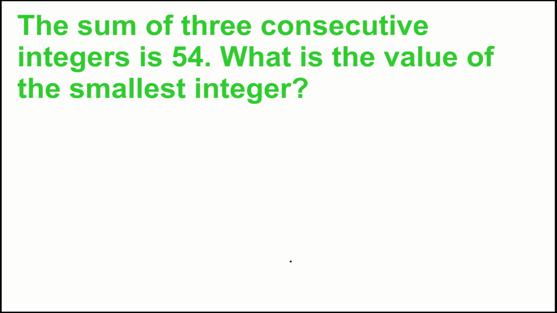Sum of 3 consecutive integers is 54. What's the value of the smallest integer?